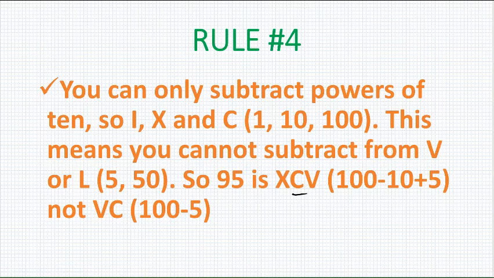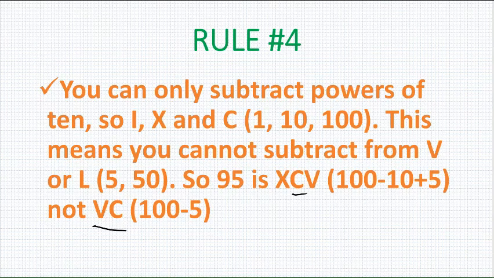So you see, the rules are very simple. All I'm going to do is just know these rules and then put them up. If you do VC, okay, I said you can only subtract a power of 10 from a bigger number. This is wrong.